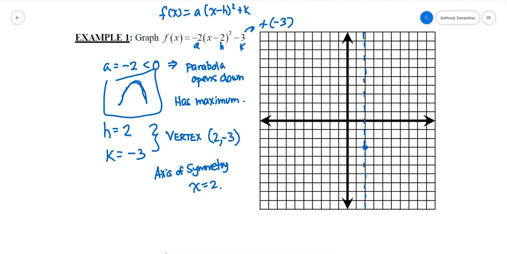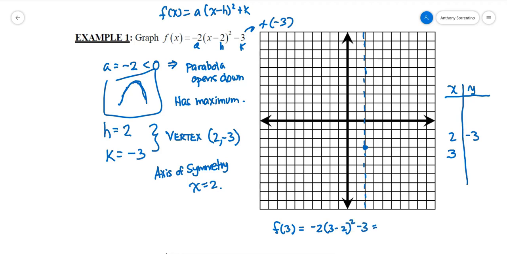Realizing that the vertex is kind of a central feature, and me already knowing what happens at 2, I can pick to either go on the right-hand side of that 2 or on the left-hand side of that 2, and realizing that since there's some symmetry here, I'm going to have some mirror images. So if I chose 3 for an x value, if I plug 3 into the function, f of 3, of course 3 minus 2 is 1, squared is 1, times -2 is -2, -2 minus 3 is -5.